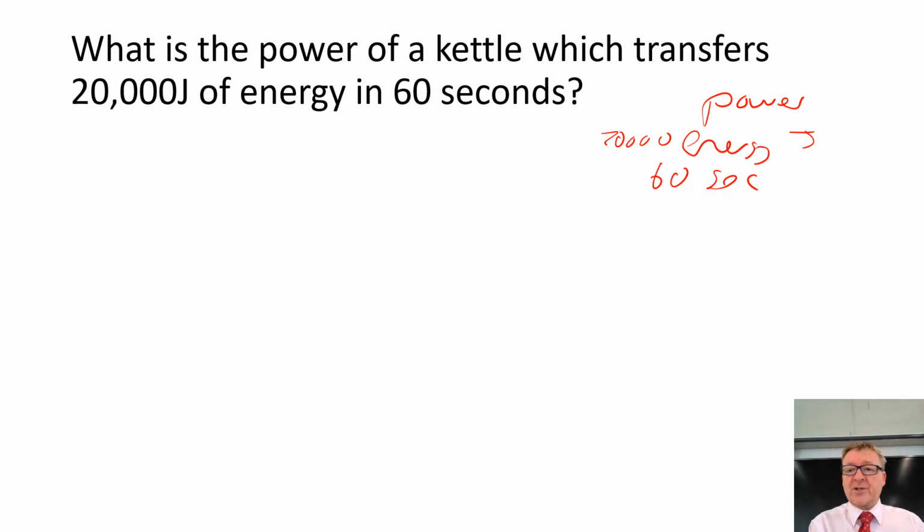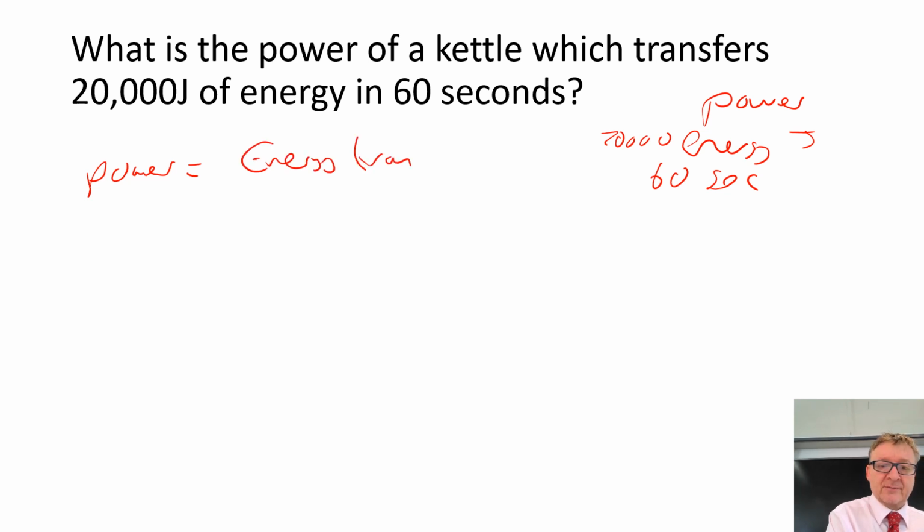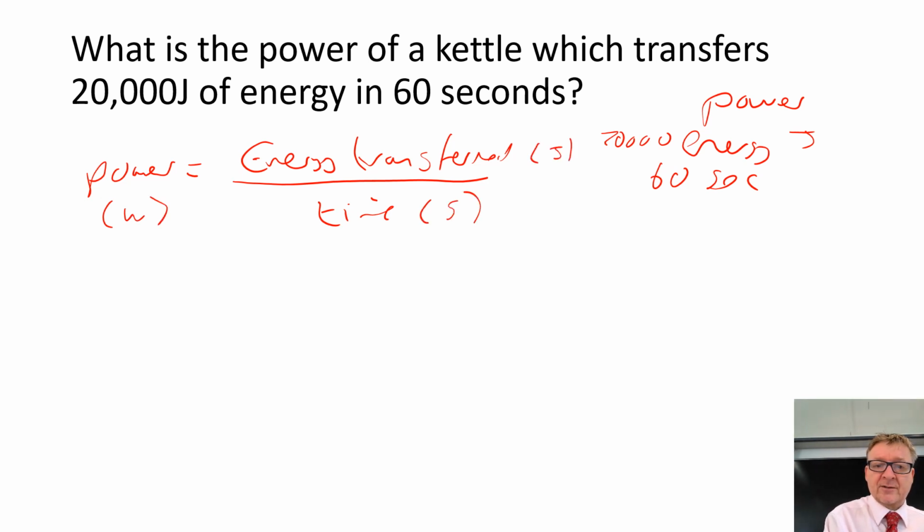I go through my equation sheet until I find the formula that has power, energy, and time. Power equals energy transferred divided by time. Power is in watts, energy transferred in joules, time in seconds.